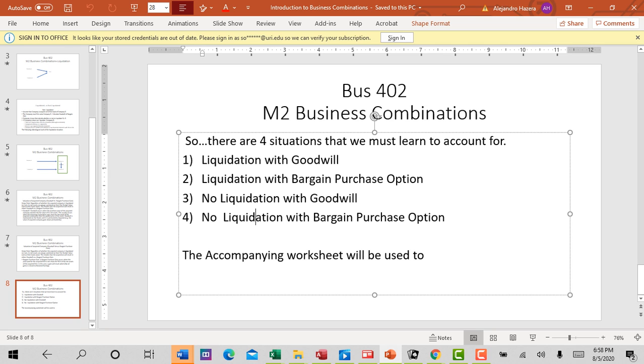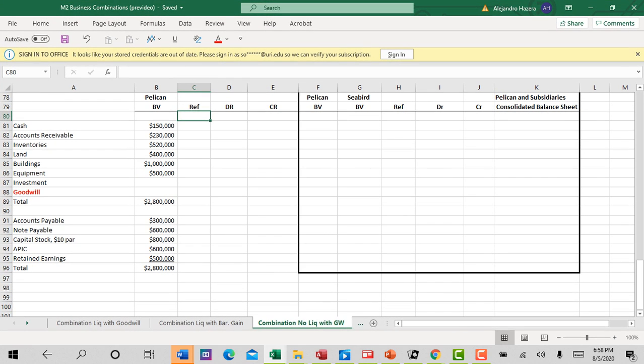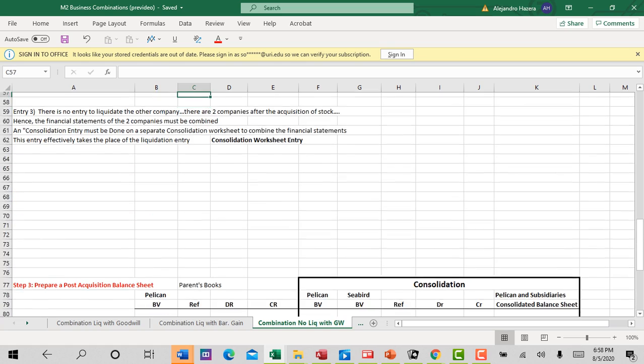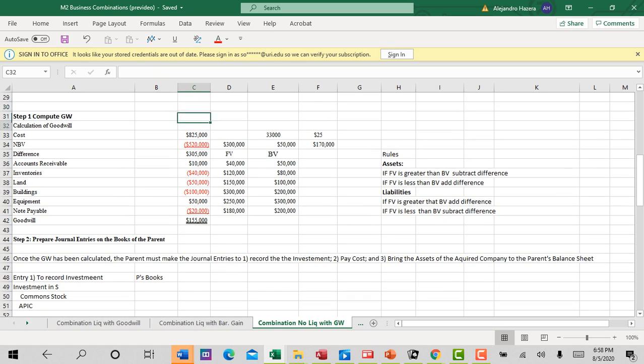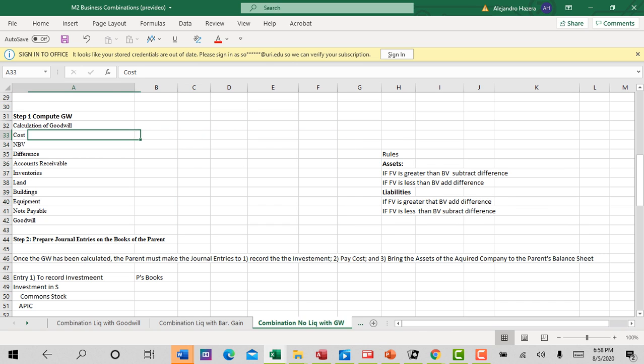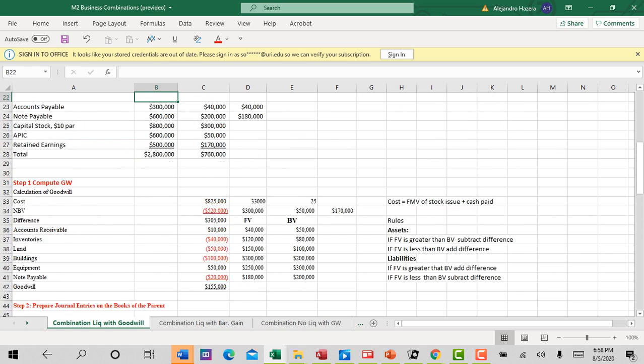Okay, so let's go ahead and start the Excel worksheet here. This is the worksheet which I'm going to be doing, and I hope that I have enough time for this. I just want to point out one thing: this worksheet compares the combination with no liquidation with goodwill with the combination with liquidation with goodwill.